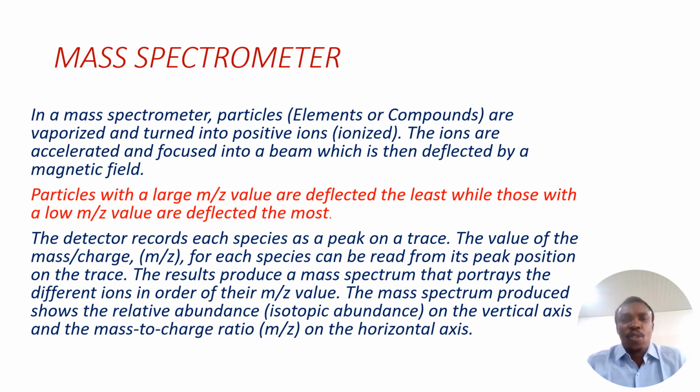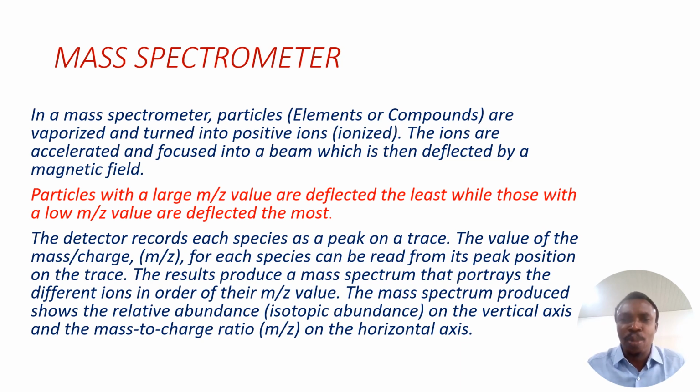So the sample is first of all vaporized and turned into positive ions. You pass it through the ionization chamber, where a high energy electron gun knocks off an electron from the element, or from the compound, to form what we call a molecular ion.